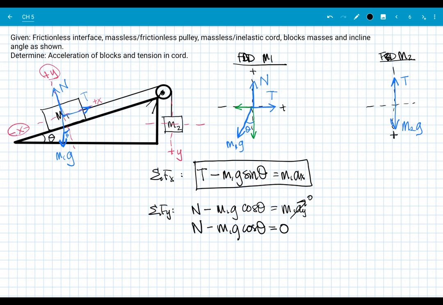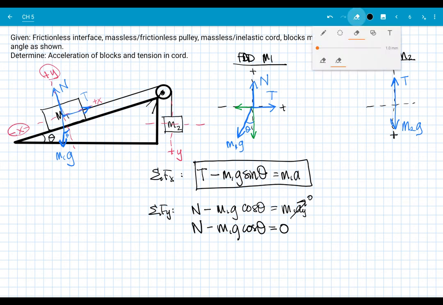Whether that's useful or not, I'll just leave that there. Since my y acceleration is 0, I'm going to go back and take off the x subscript on this acceleration. I really just have one acceleration to worry about, and because these two blocks are connected by an inelastic cord, they move together, so their acceleration magnitudes will be the same.